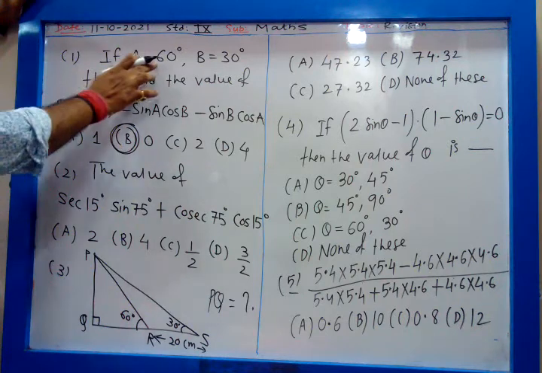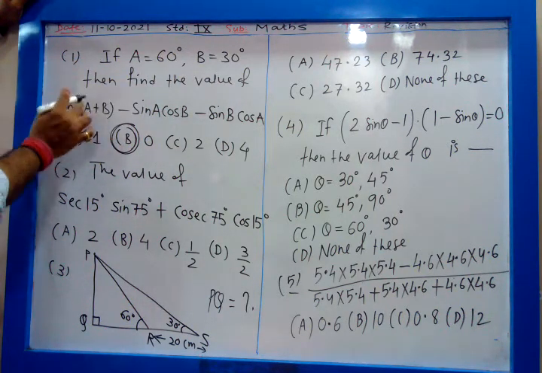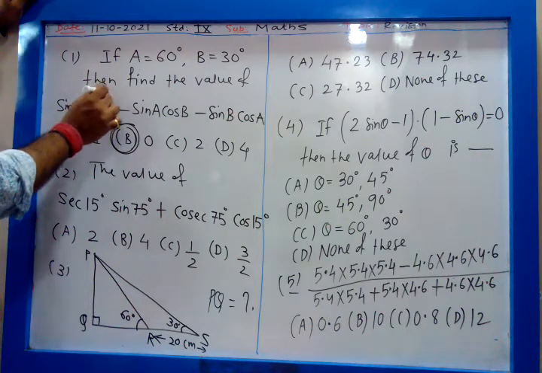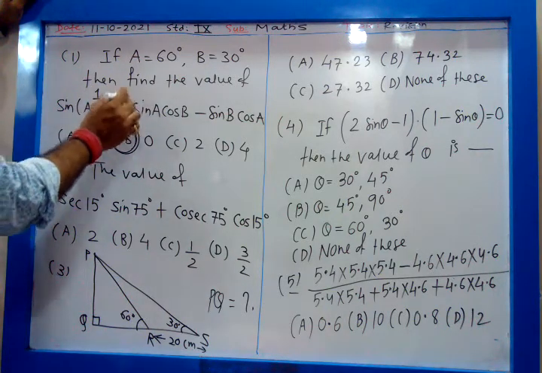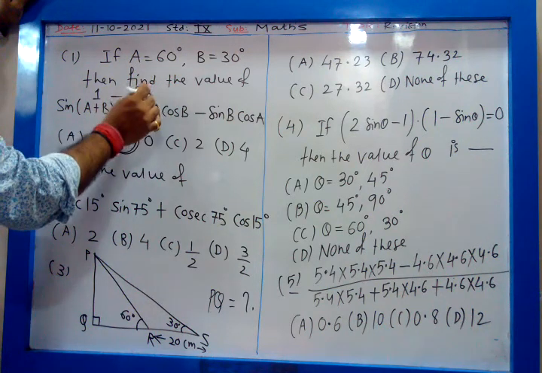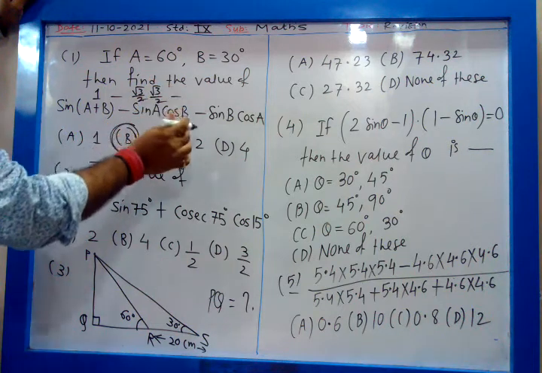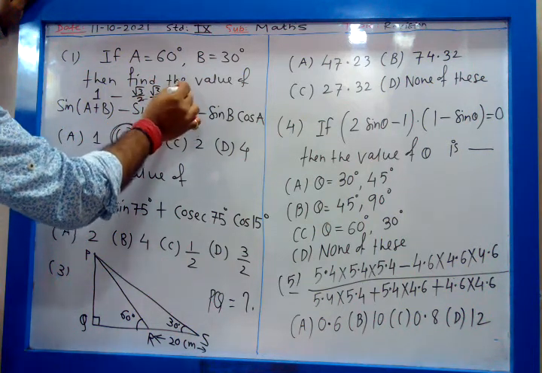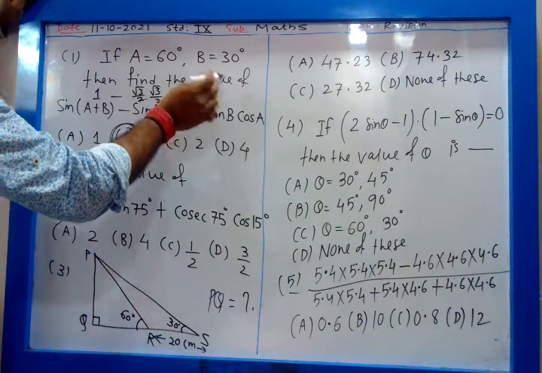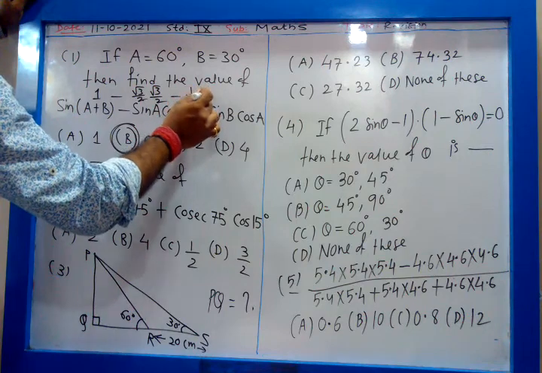When you put the value of 60 degree and 30 degree, 60 plus 30 will be 90. Sin 90 is 1, minus sin 60 root 3 by 2, cos 30 root 3 by 2, minus sin 30 1 by 2, cos 60 1 by 2.